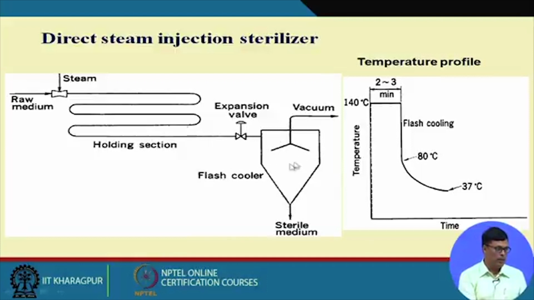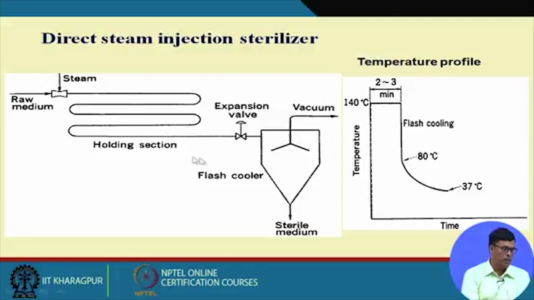in a particular chamber, which we call the flash cooler. Then from the top vapor is released, and the concentrated liquid falls down like this. Here there is a problem: if you do this, there will be a loss of moisture.